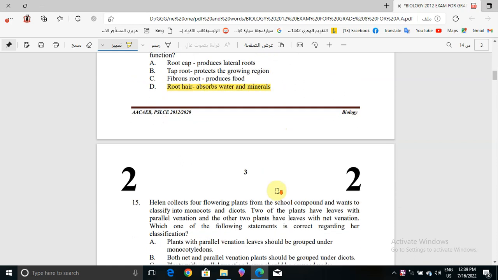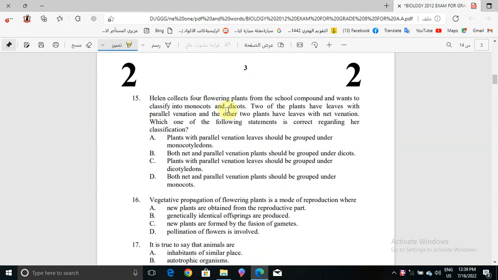Now question number 15 is asking, Helen collects 4 flowering plants from the school compound and wants to classify them into monocots and dicots. Two of the plants have leaves with parallel venation and the other 2 plants have leaves with net venation. Which one of the following statements is correct regarding her classification?